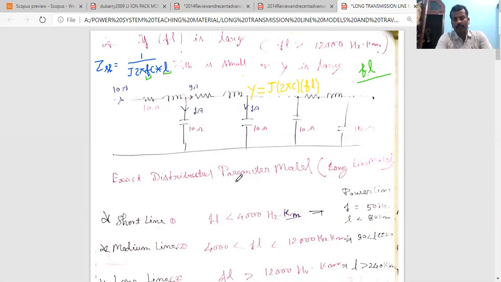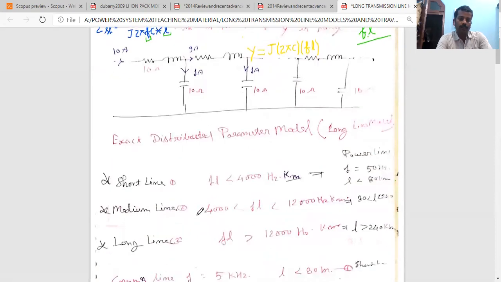Now, the types or classification of transmission lines depend upon the frequency and length of the transmission line. You can see here, if the product of frequency and length, FL, is less than 4,000 Hertz kilometer, then this line will be called a short transmission line.